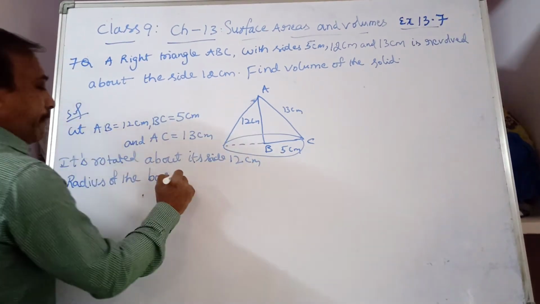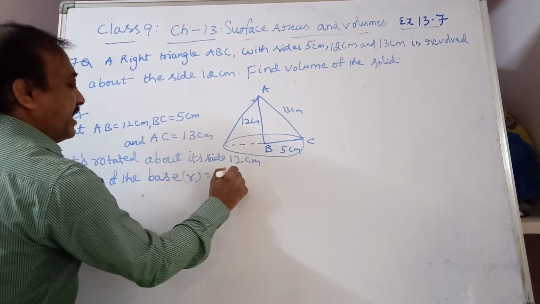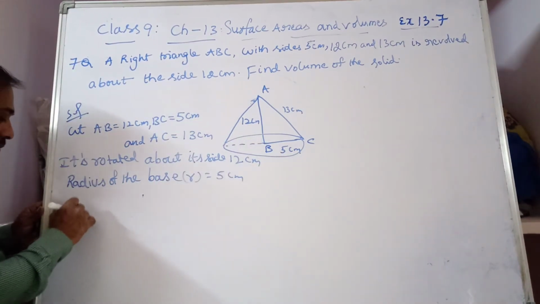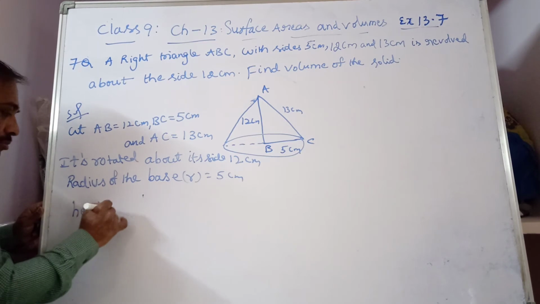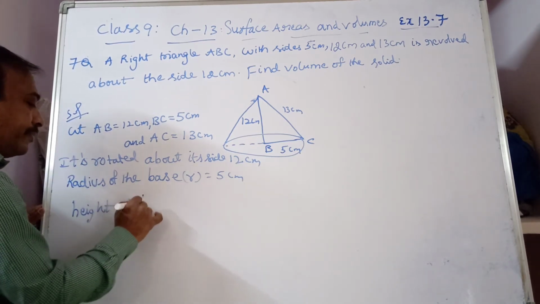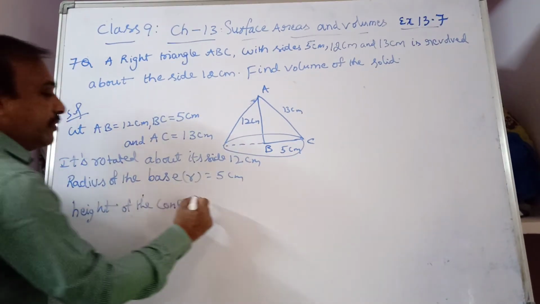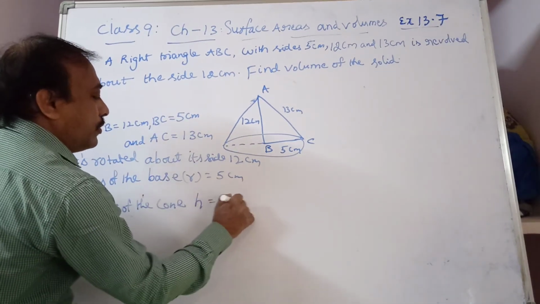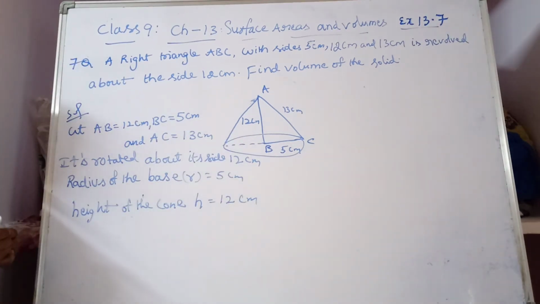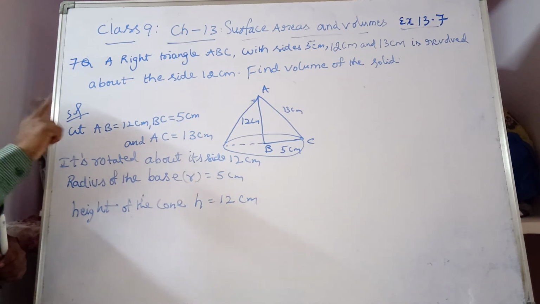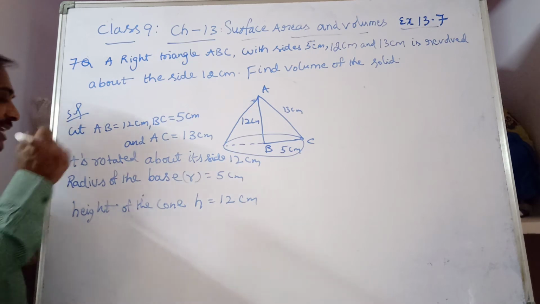So radius of the base R is equal to 5 centimeter. Height of the cone solid which we got, H is equal to 12 centimeter. Because it is rotating about the side 12 centimeter, height we use as 12 and radius of the base is 5. If it is rotating about the side 5, then height will become 5 and radius will become 12 centimeters.